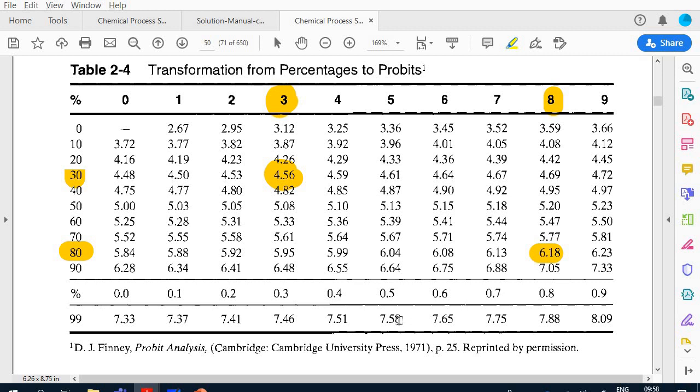So 7.61 is between 7.58 and 7.65, something in between those two. So you're talking about, oh my god, 99%. A very high number here, which is 99%.